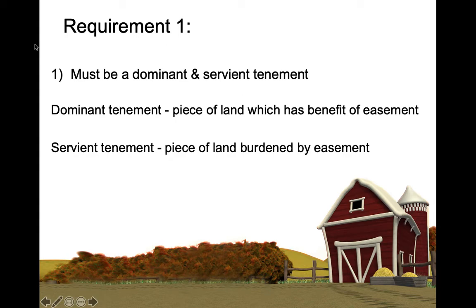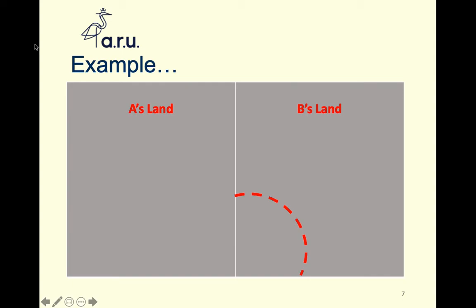So what would that look like if you were to think about person A on the left and person B on the right, with a right of way crossing B's land out onto potentially a main road or wherever it leads to? A's land would have the benefit of that, therefore A's land is dominant.